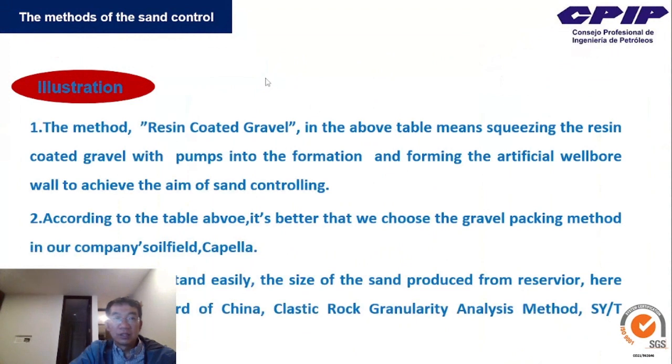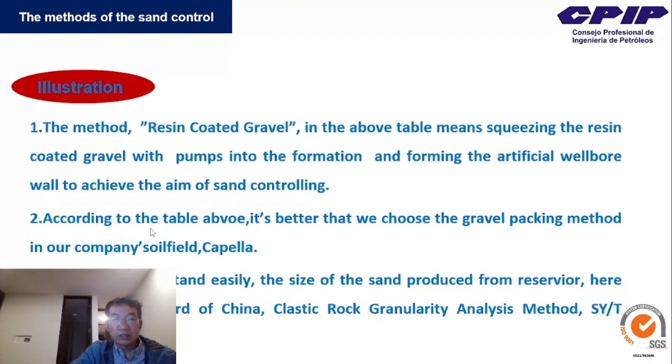Illustration. One, the method resin-coated gravel in the above table means screen the resin-coated gravel with pumps into the formation and forming the artificial well wall to achieve the aim of sand controlling.